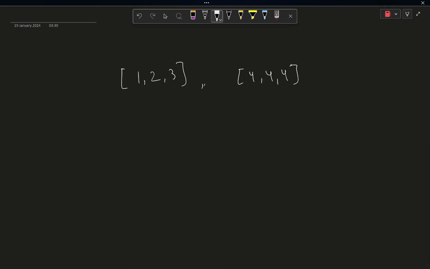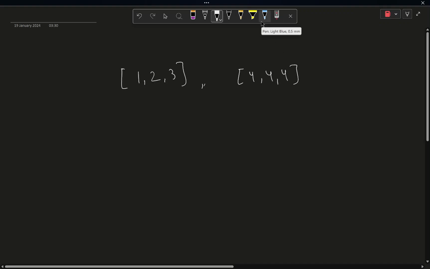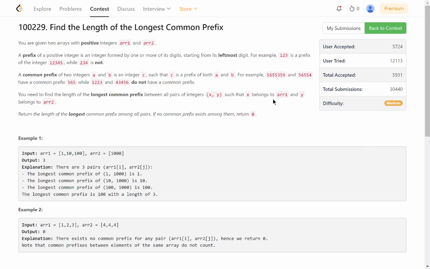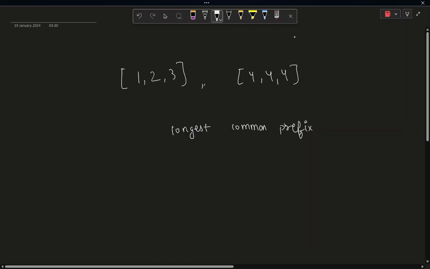In these two arrays, you will have to find the longest common prefix of all the pairs x comma y where x belongs to arr1 and y belongs to arr2.